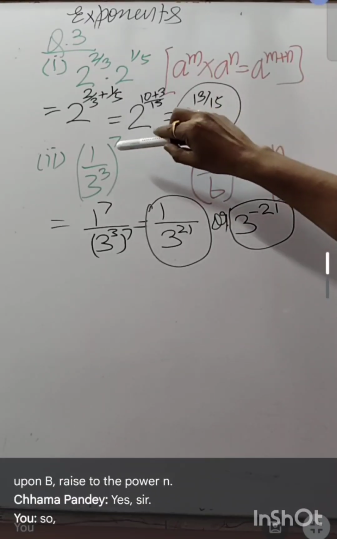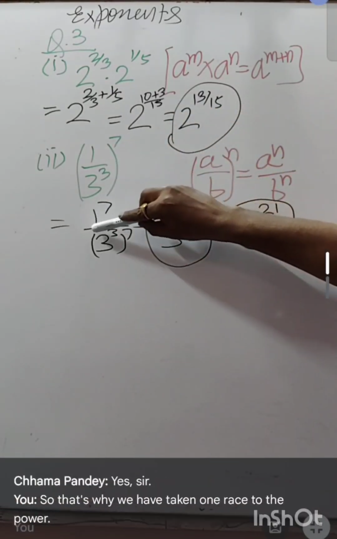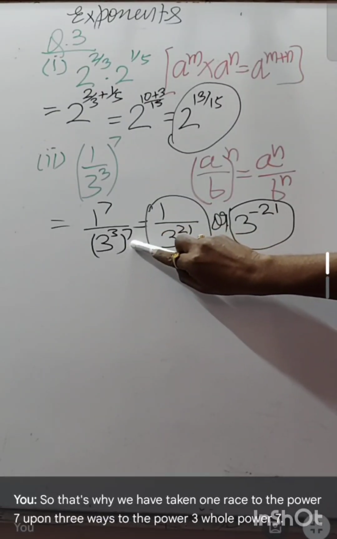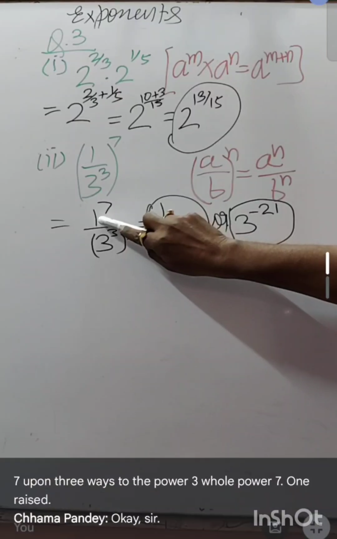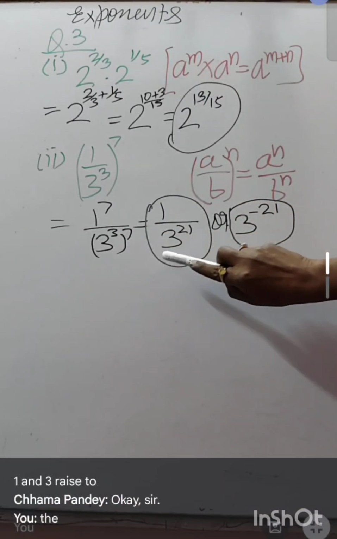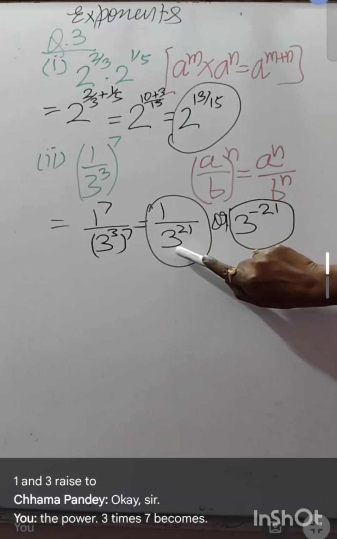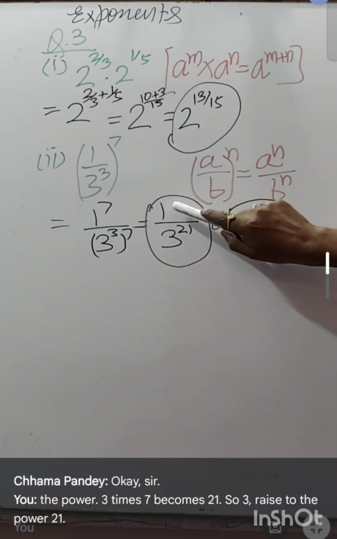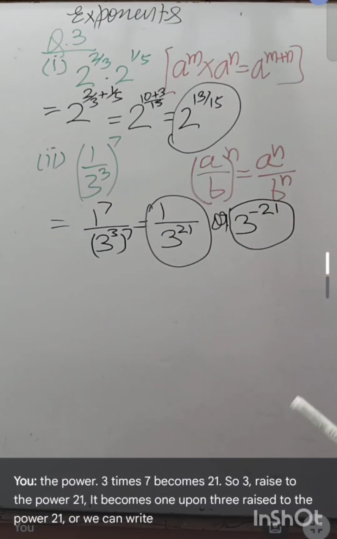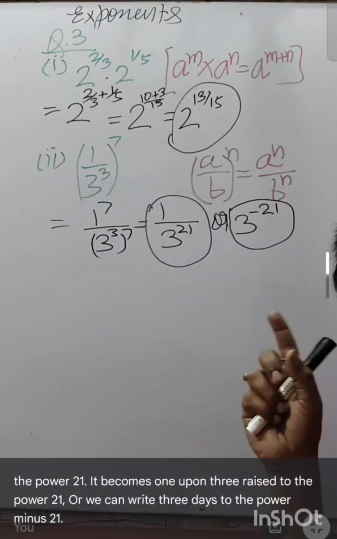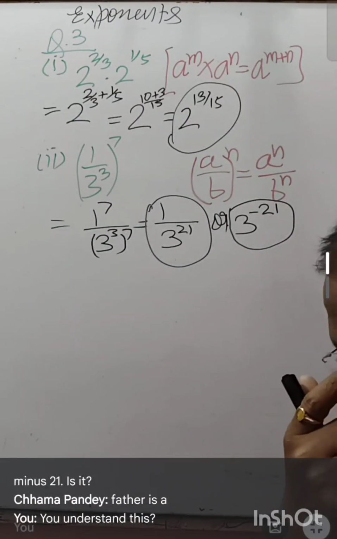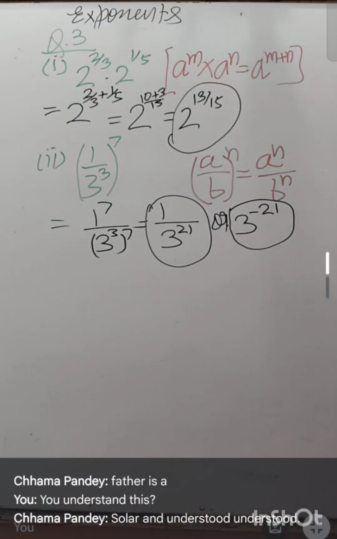So that's why we have taken 1 raised to the power 7 upon 3 raised to the power 3 whole power 7. 1 raised to the power 7 is equal to 1, and 3 raised to the power 3 times 7 becomes 21. So it becomes 1 upon 3 raised to the power 21, or we can write 3 raised to the power minus 21. You understand this? Sir, I understood, sir. Very nice.